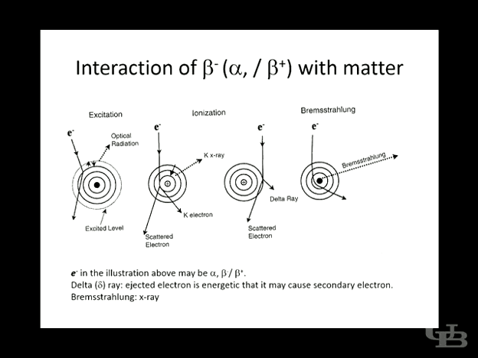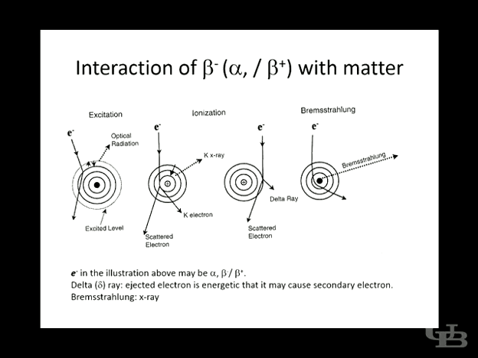If the energy transferred to the orbital electron is large enough, it will overcome the binding energy of the orbital electron. In this case, the electron will be ejected from the orbit, and therefore you have ionization.